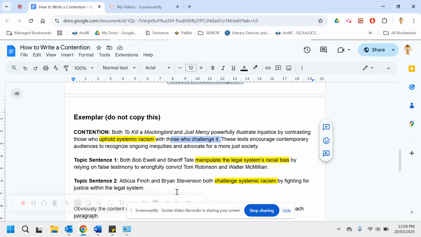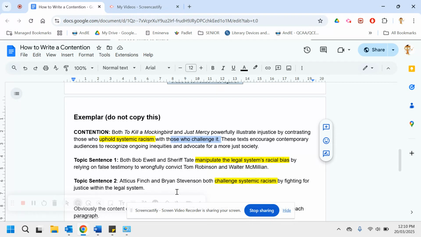And that's where I would talk about how those characters both try to challenge the racism, not only in their town, but specifically in the courtroom. And there are some great quotes in there from Atticus in his closing statement, and also from Brian in his opening statement toward the end, where he's trying to essentially get the charges dismissed.